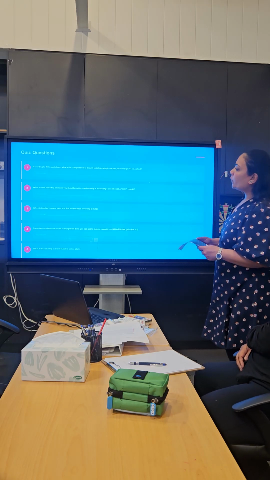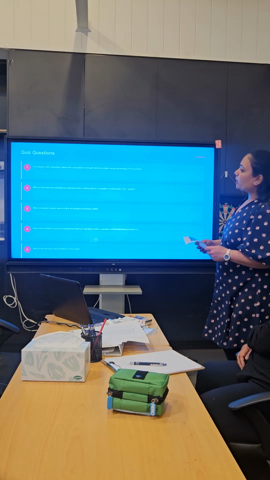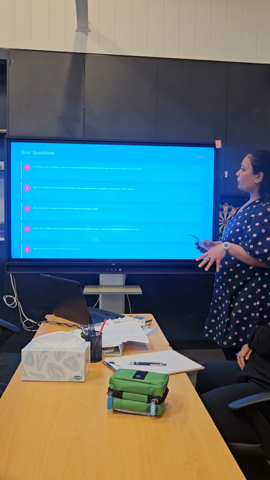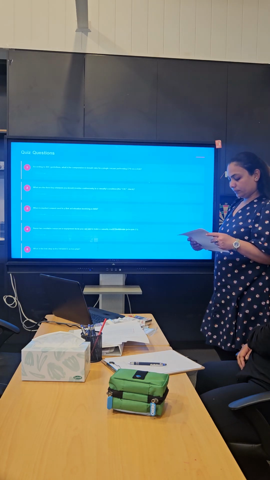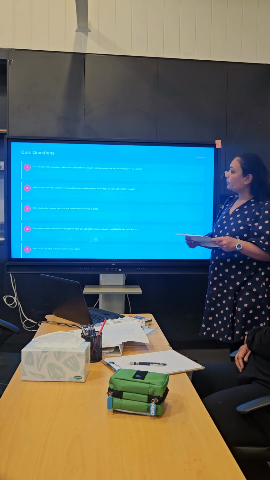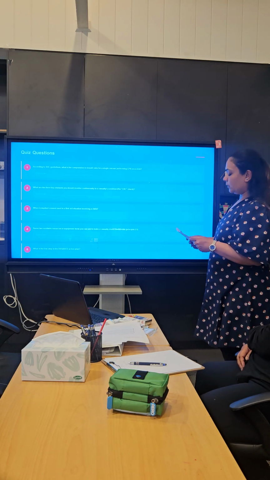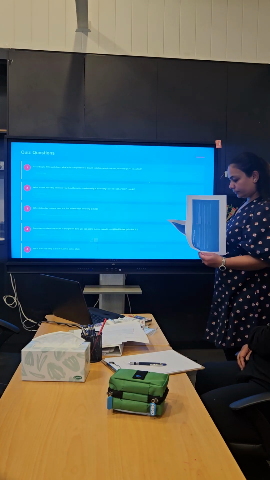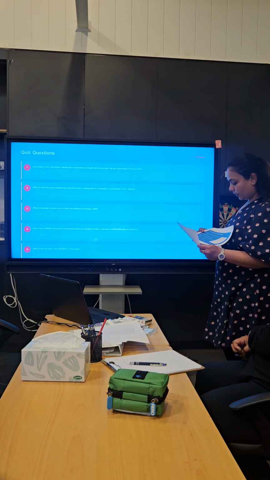So according to ARC guidelines, what is the compression to breath ratio for a single rescuer performing CPR on a child? It will be 30 compressions and 2 breaths. Yeah, and every minute the compressions should be 100 to 120.